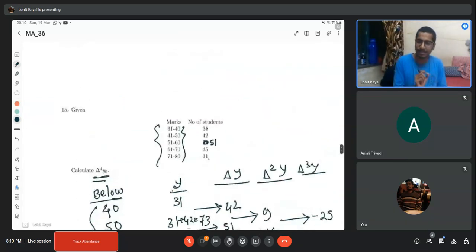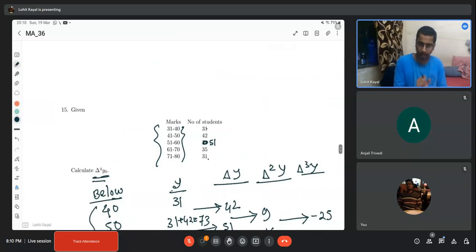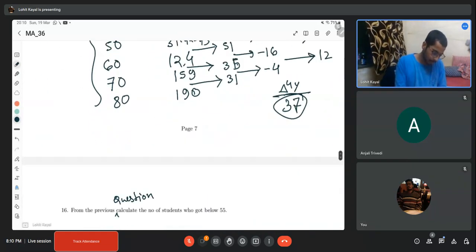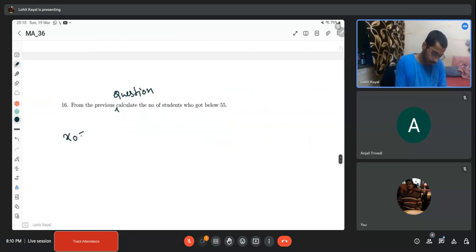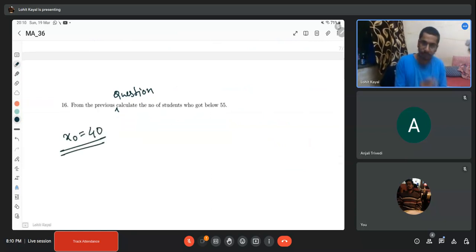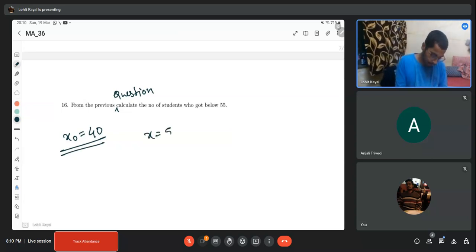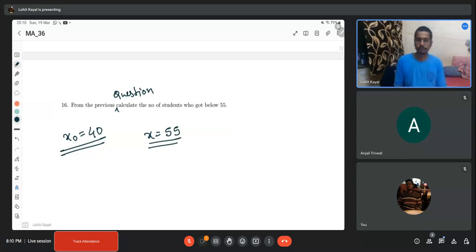The only thing is that you need to find the value of p. In the second question, my x naught is 40. This is the value of my x naught. Your x is 55.